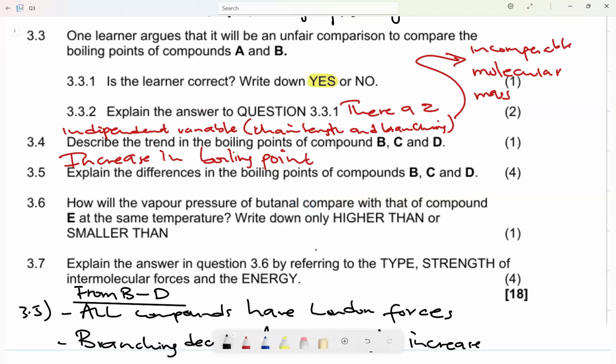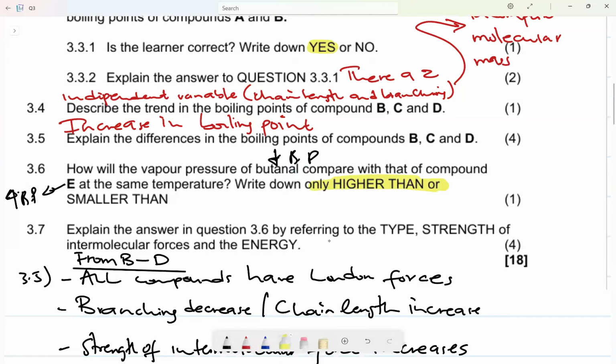One that has a lower boiling point will have a higher vapor pressure. Remember, vapor pressure is inversely proportional to boiling point. So how will the vapor pressure of butanol compare to that of E at the same temperature? Butanol will have a higher vapor pressure. Why? Because it has a lower boiling point.